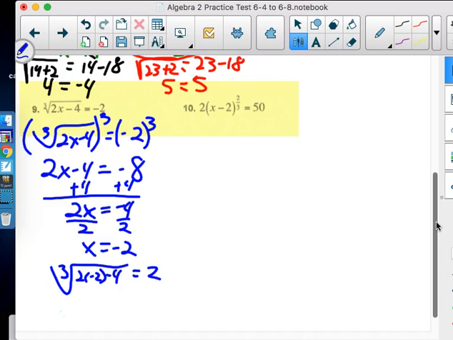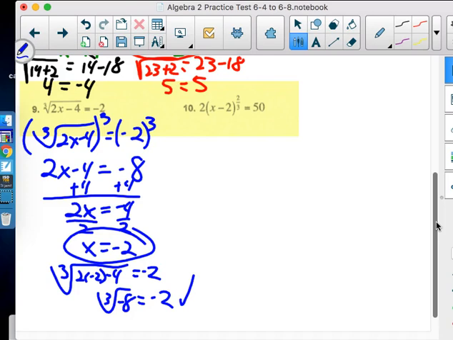Well, 2 times -2 is -4, and -4 minus 4 is -8. Is the cubed root of -8 -2? Yes, absolutely. Checks. It's good. X equals -2. Uh-oh. 10 must have an extra step.